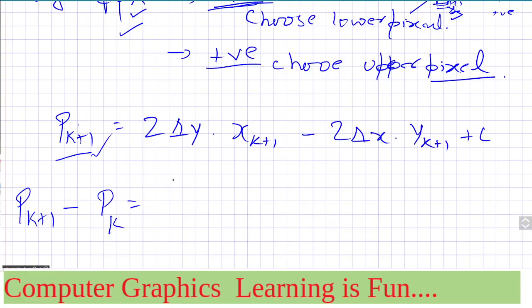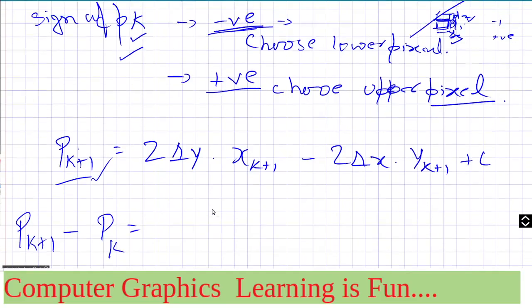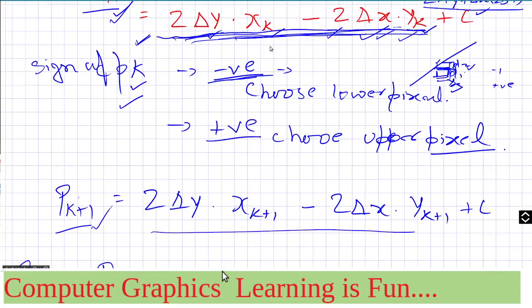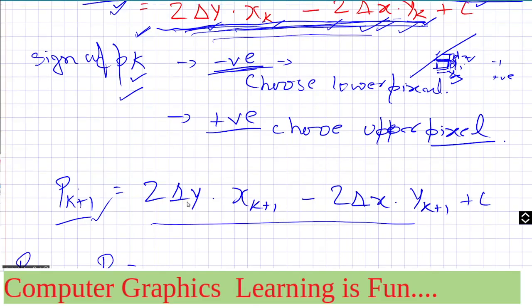So here you are having these values, minus this thing. Let me write it here: 2 delta y into xk plus 1 minus 2 delta y into xk. Let me take 2 delta y common.